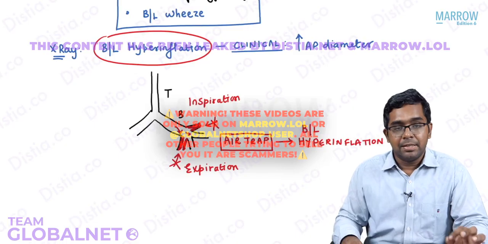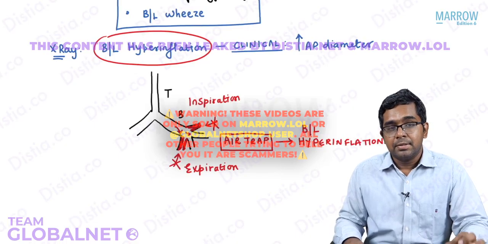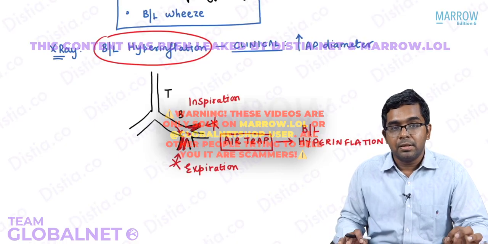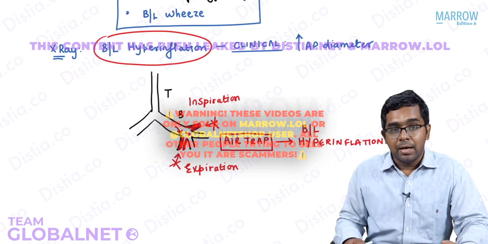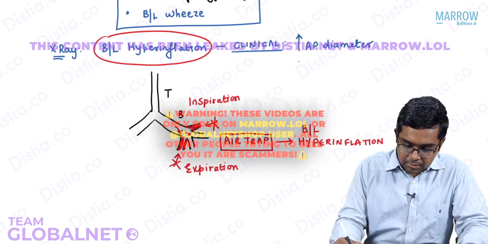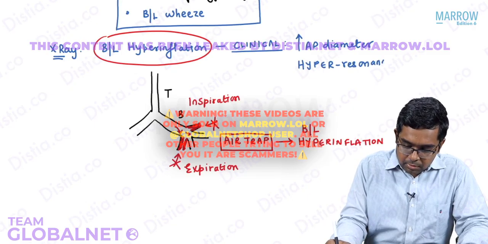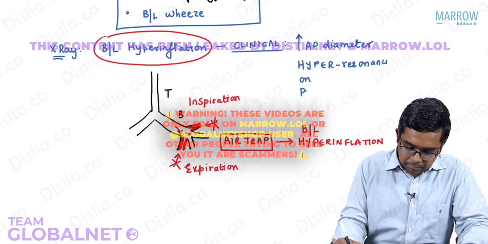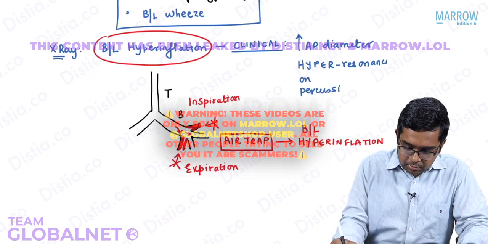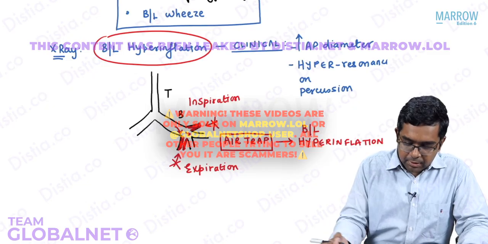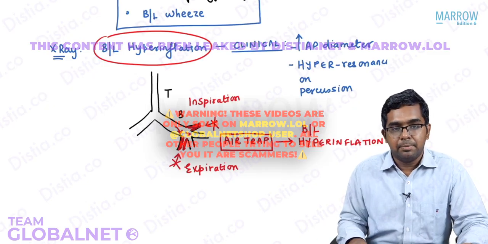Anteroposterior diameter becomes increased due to this hyperinflation. Second thing, if you start percussing over the lung fields, you will have hyperresonance on percussion. Okay, these two are clinical findings noted due to bilateral hyperinflation.